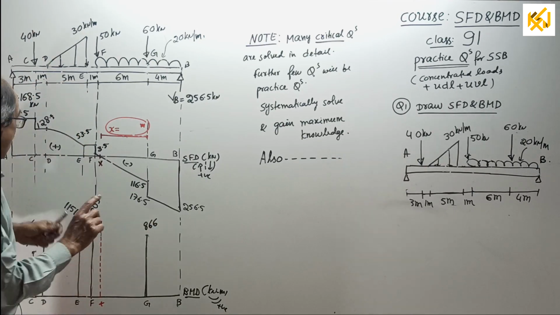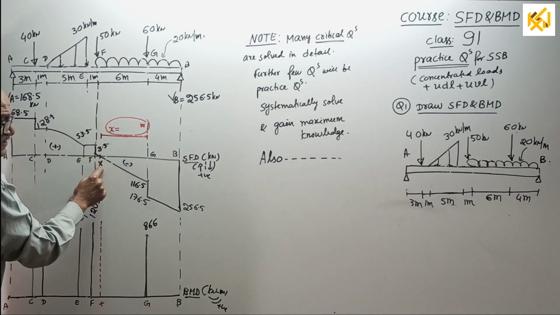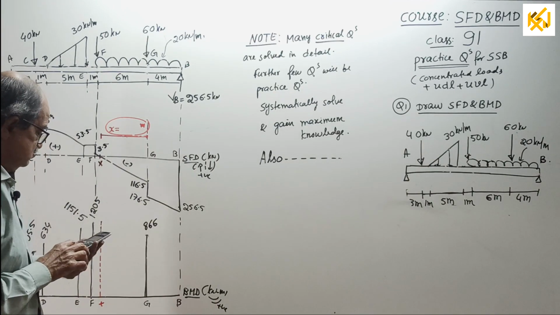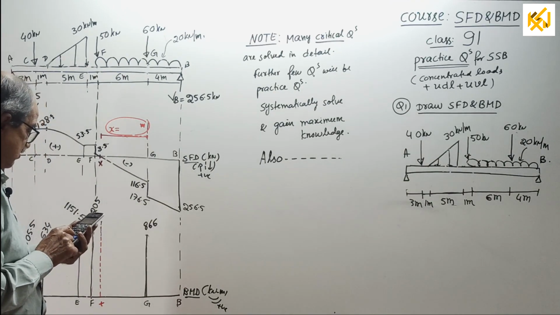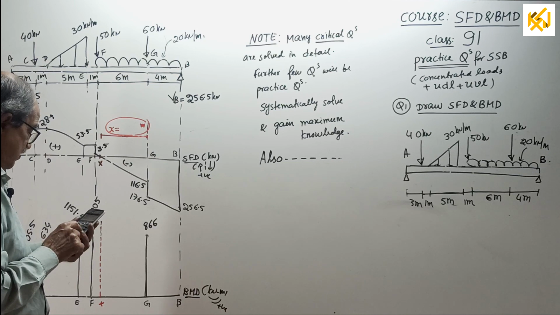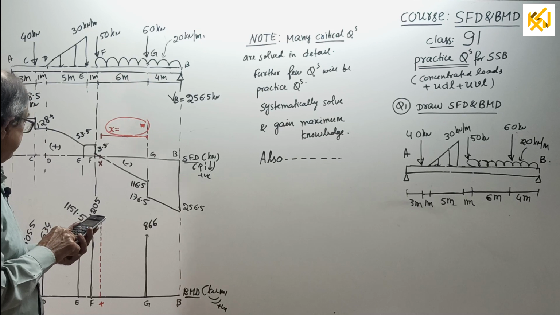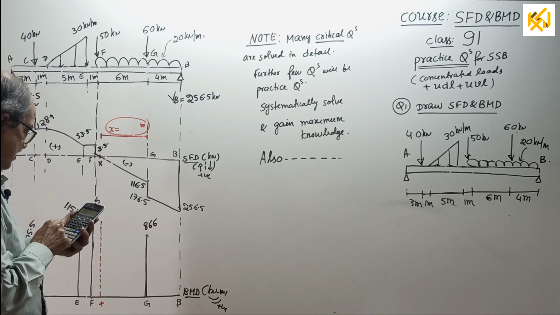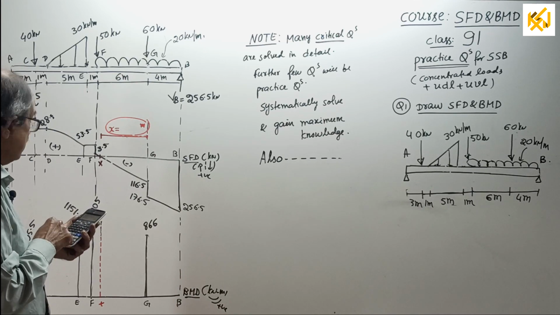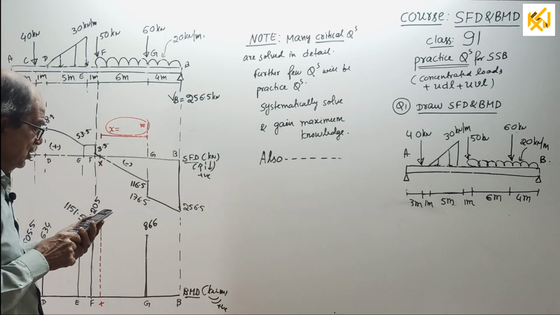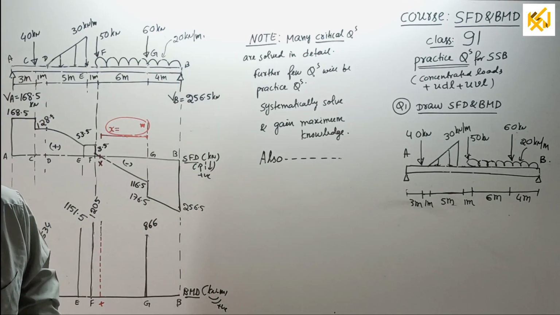Now, you also require BM at X. I have not calculated it, I will calculate it now. It is 1205.30625.